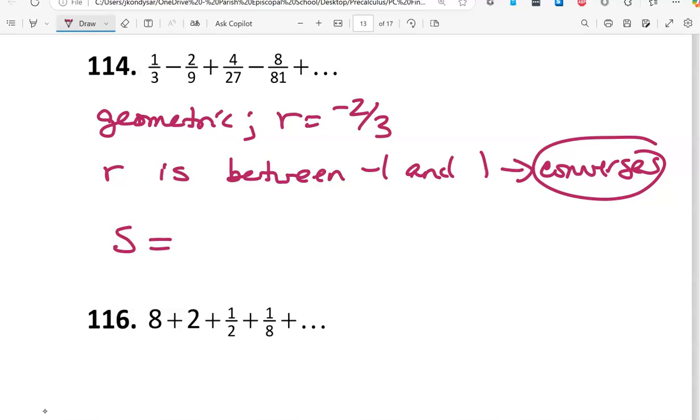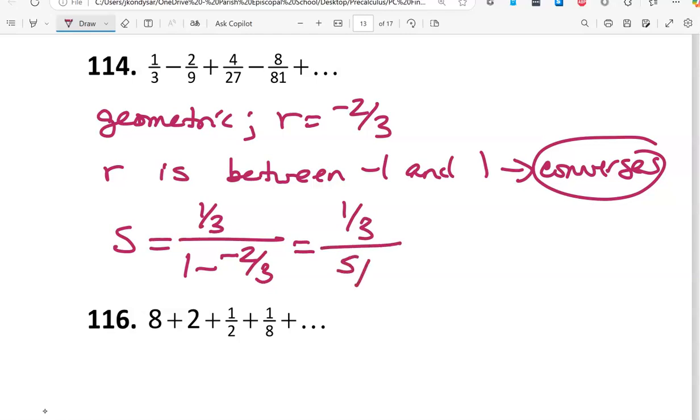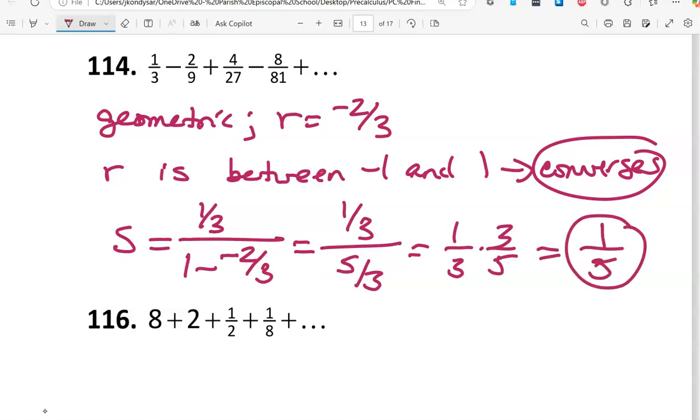The sum is equal to the first term, 1/3, divided by 1 minus the common ratio, and the common ratio is -2/3. So now we have 1/3 divided by 5/3, which is 1/3 times 3/5, which is 1/5.